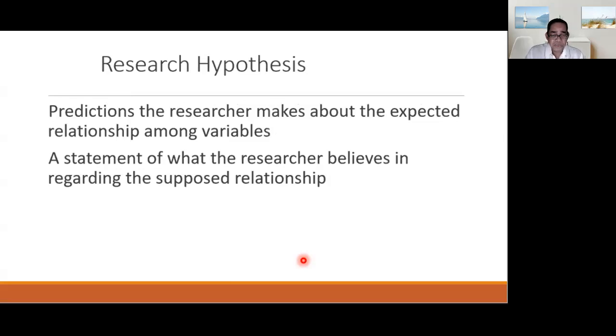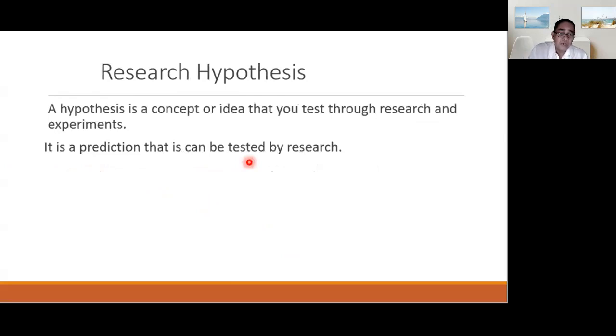Now, what's a research hypothesis? These are predictions that the researcher makes about the expected relationship among variables, a statement of what the researcher believes regarding the supposed relationship. Many times when we talk of a hypothesis, we talk of a relationship. A hypothesis really is a concept or idea that you test through research or experimentation.